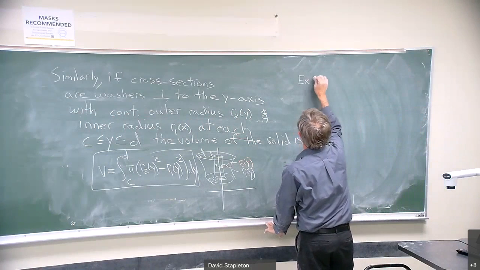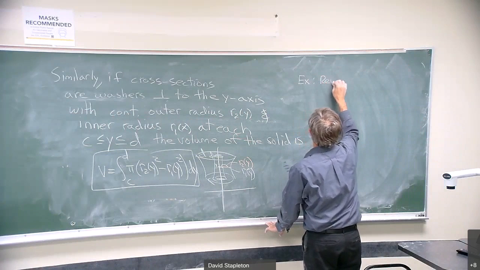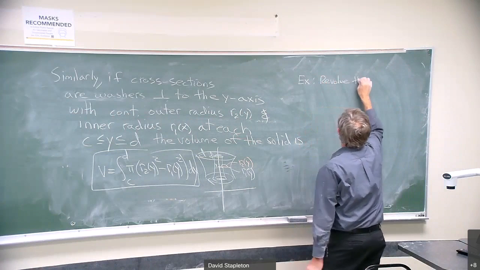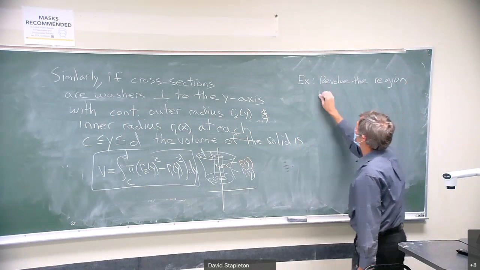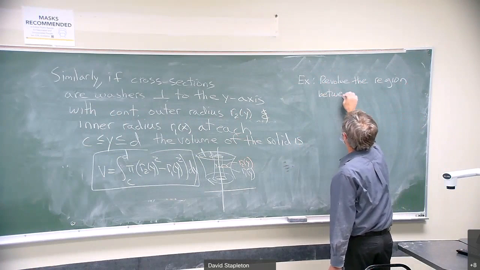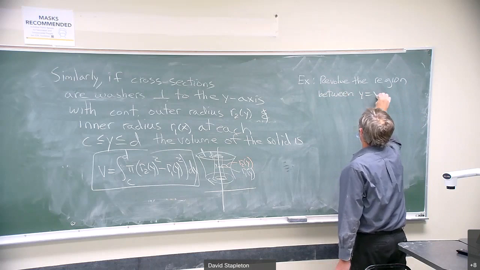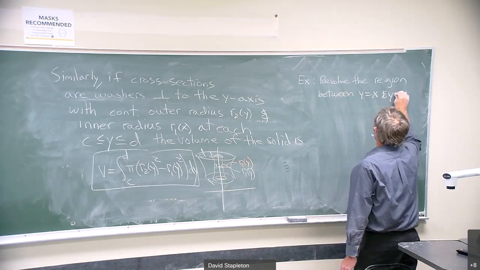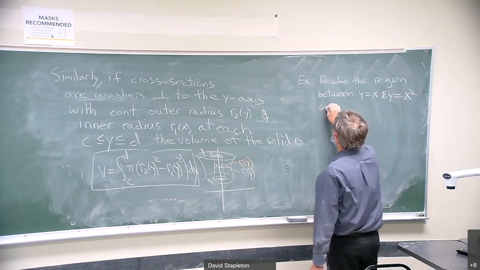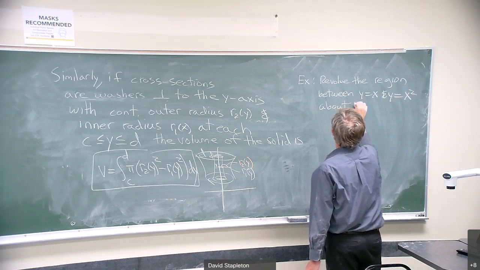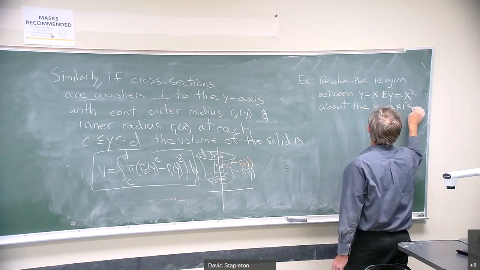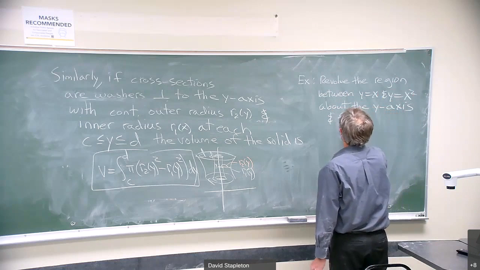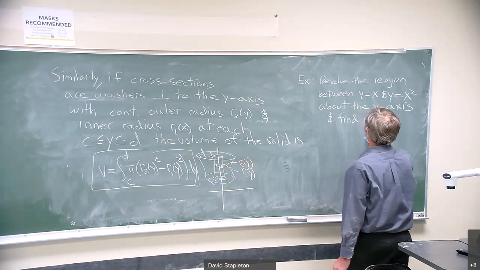So now example, revolve the same region, the region in the plane between y equals x and y equals x squared, this time about the y-axis, and find the volume. And this is going to again give us washers.